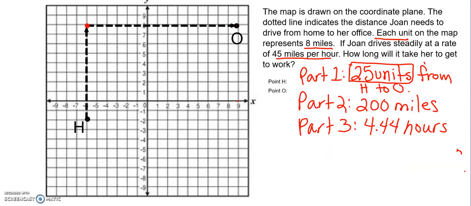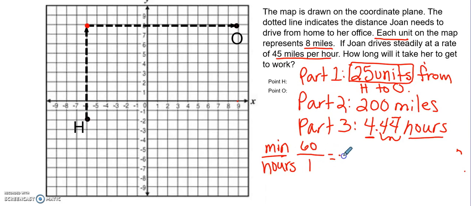The final part of this problem is going to be converting our hours to minutes. Now we know it's 4 hours, but I need to know how many minutes are in 0.44, or 44 hundredths, of an hour. So I'm going to just round that to 44 hundredths of an hour, and I have minutes to hours, and I know that the conversion factor is 60 minutes in 1 hour.